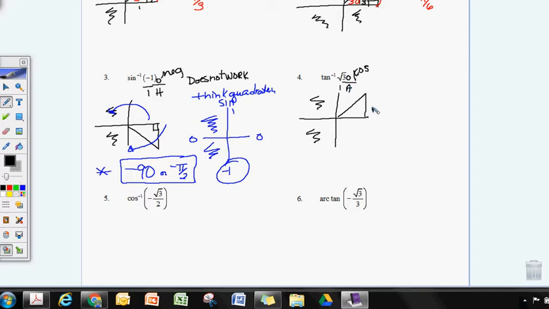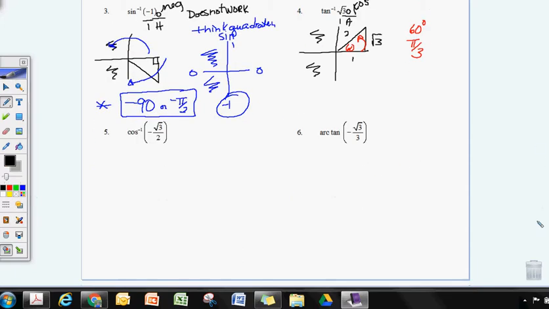Opposite side is root 3, adjacent side is 1, meaning the hypotenuse is 2. That means my reference angle would be 60 degrees. So my rotation would be 60 degrees, or in terms of radians, it would be pi over 3. Wow, this is going by quick and fast.